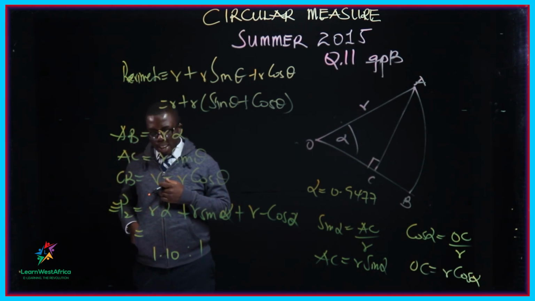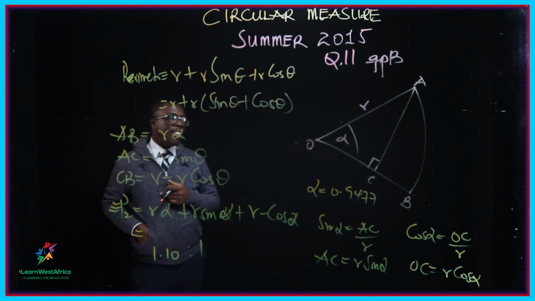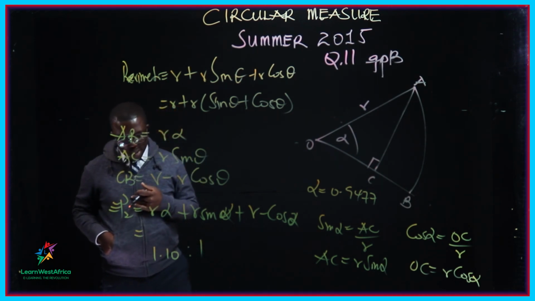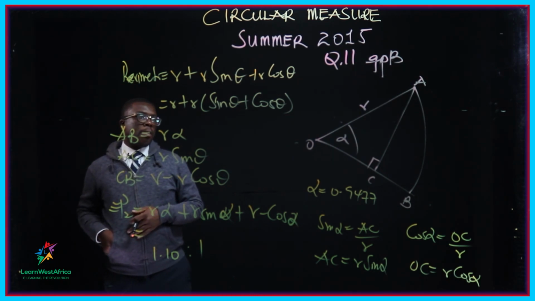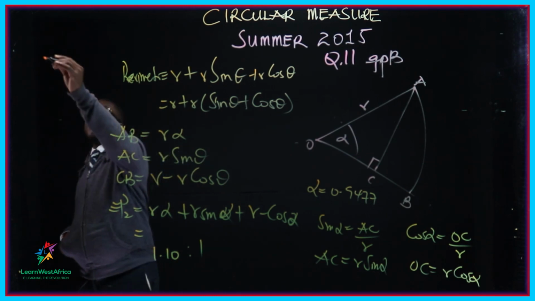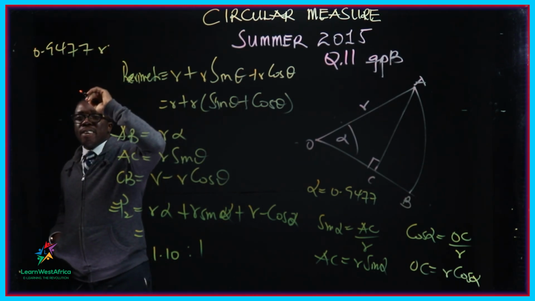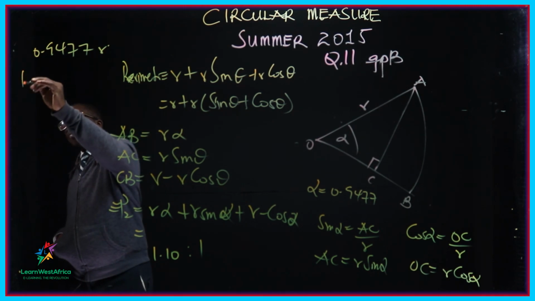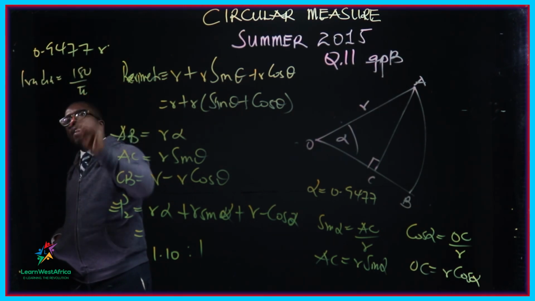What is the angle AOB in degrees? That should be pretty simple for us to find, right? AOB, that is alpha. We know alpha to be 0.9477, and that's in radians. But we know that 1 radian is equal to 180 over pi.